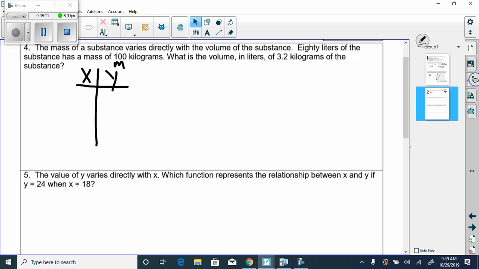Depending on what your volume is, that's what tells you your mass. So our x values are the volume, our y values are the mass. So if my volume is 0, what is my mass? All right, and then it says for 80 liters, so when our volume is 80, our mass was what?